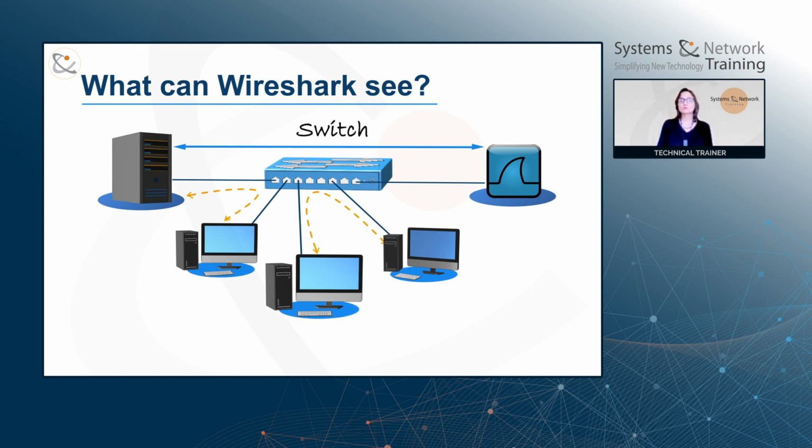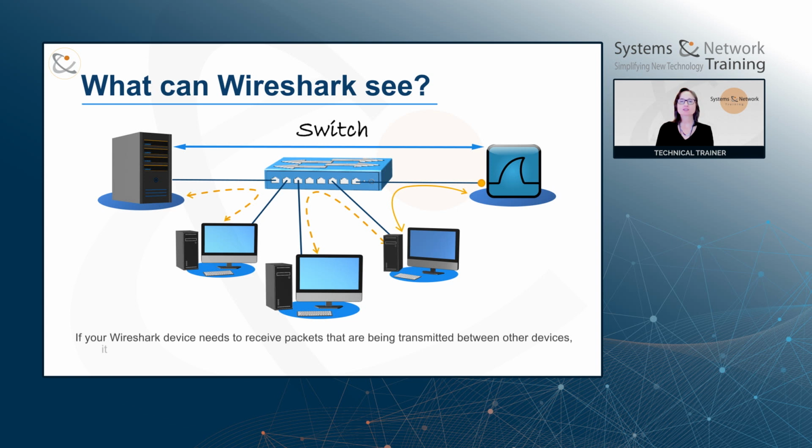However, if I was also to have a conversation between the device running Wireshark and another end device, then Wireshark can see that. So it can see any traffic that's coming in or out of the device that it's running on, but it can't see elsewhere in your network.